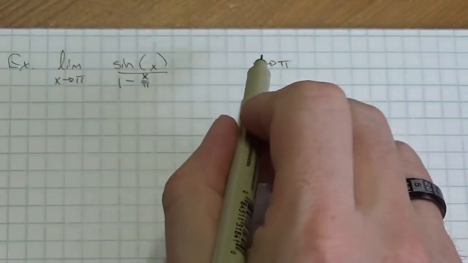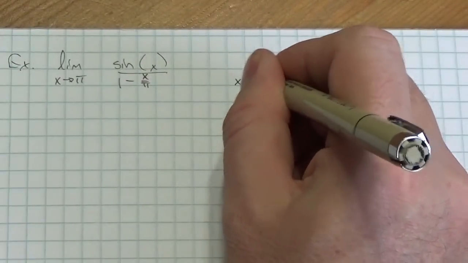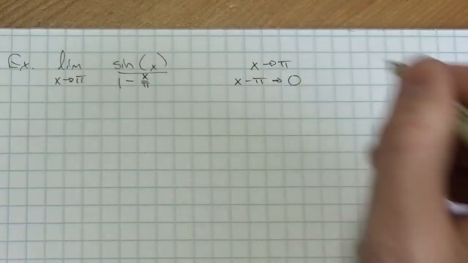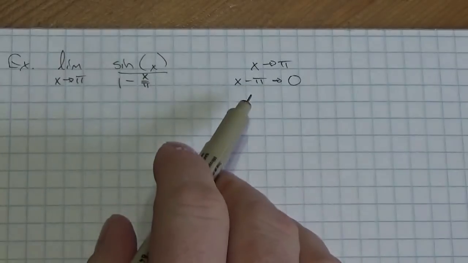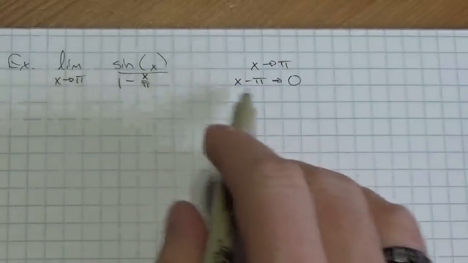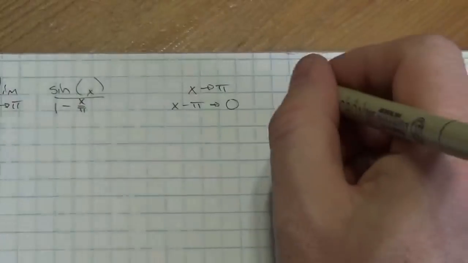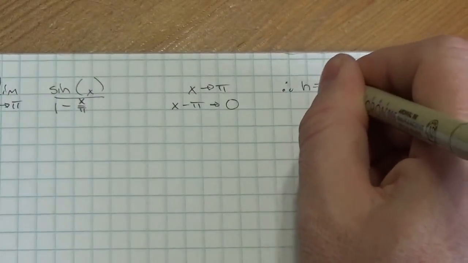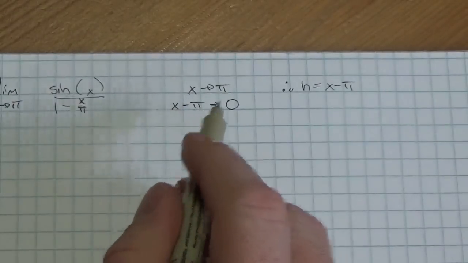But notice what happens. If x approaches pi, then x minus pi must be approaching 0. Now, just think about that, and you'll see that that's true here. What I'm going to do is call this h, x minus pi. I'm basically just giving this a variable name.